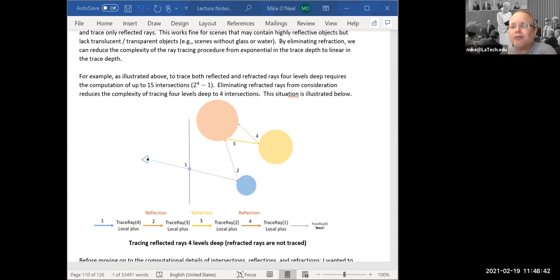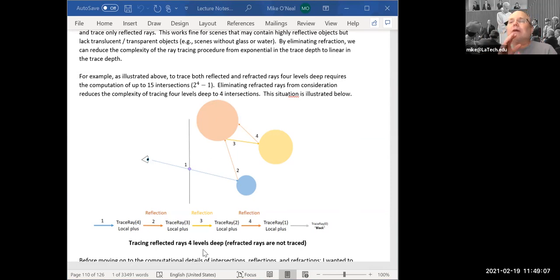So maybe now you could afford something that would give you that effect, Eric. This is commonly done, and in fact, this is what we're going to do in our ray tracing program. We're going to say, screw you, glass balls. We're going to only do reflections. We're not going to do refractions.